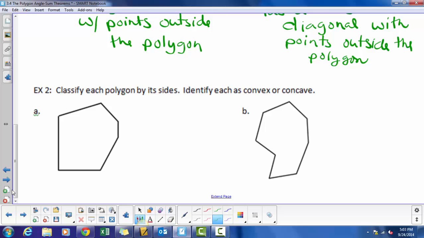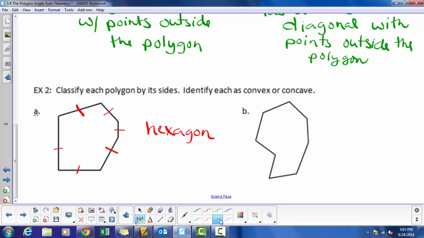So next I'm going to classify each polygon by its sides and identify as convex or concave. Exactly like I did before, the first thing I'm going to do is count the number of sides. 1, 2, 3, 4, 5, 6. A six-sided polygon is called a hexagon.